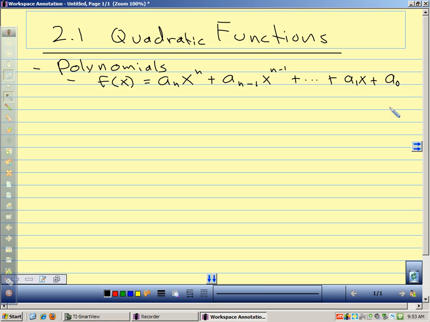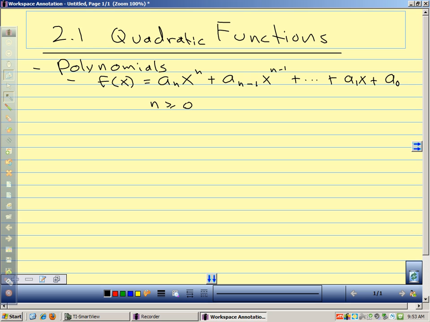So polynomial just means we have an equation that has a bunch of powers of x in it, and n is greater than or equal to 0. So we're not talking about negative exponents, we're talking about positive exponents. So this is all chapter 2, we're going to talk about polynomials.